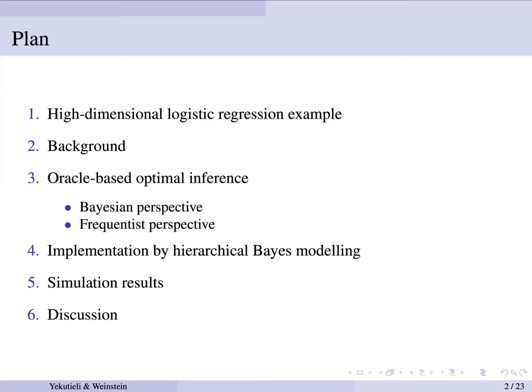This oracle is, by definition, theoretical, so then I'll show how we actually implement it. The implementation will be through hierarchical Bayes modeling, which also has very good practical properties, and it gives very good approximations to this theoretical construct.